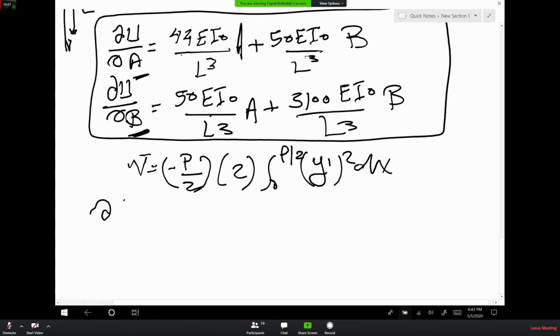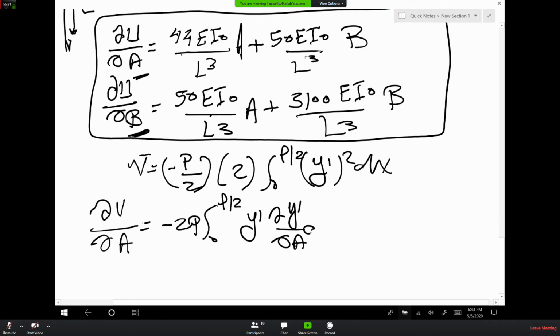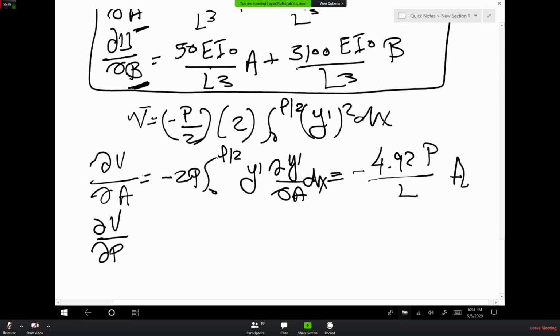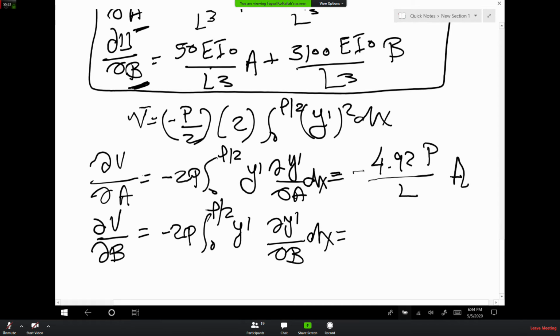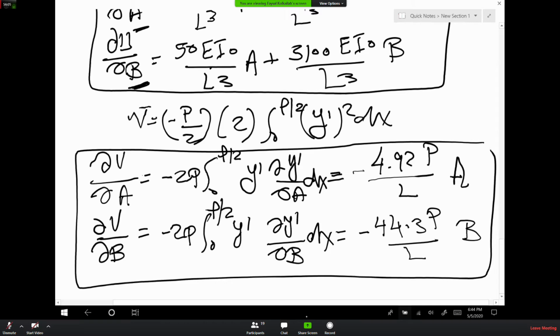So again, if I do partial v, partial a, I will get what? Minus 2P from 0 to L over 2 y prime, partial a dx, which will give me minus 4.92 P over L times A. And partial v, partial b, the same idea, will be minus 2P, 0 to L over 2 y prime, partial b dx, which will be minus 44.3 P over L times B. So I have two equations here and here.